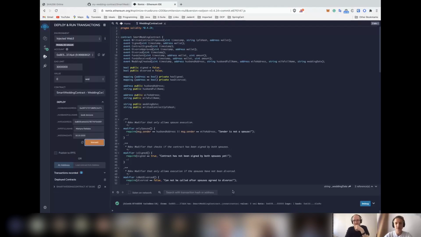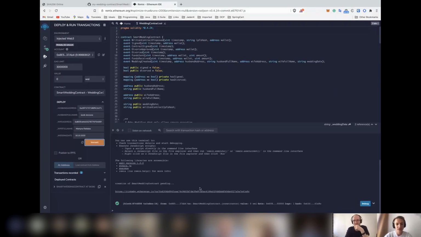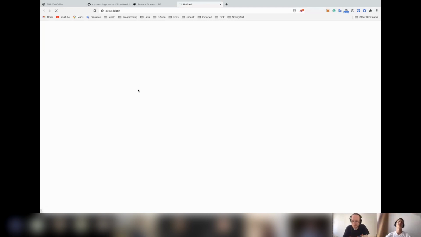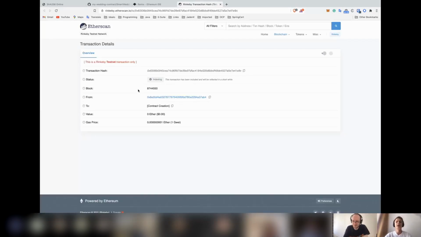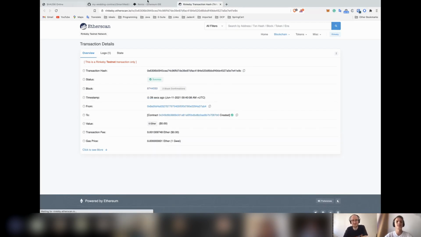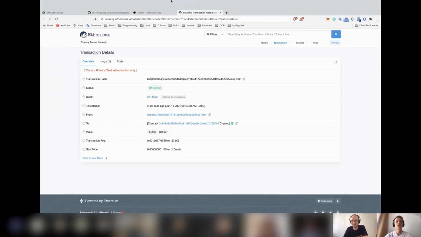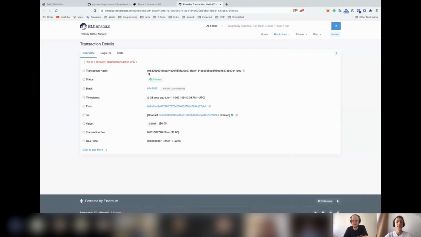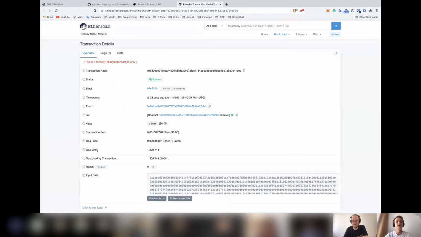Actually, I think you can see this in public Etherscan. Etherscan is a way to see the transactions and see the blockchain. So the transaction is being confirmed. Oh yeah, and it got confirmed.